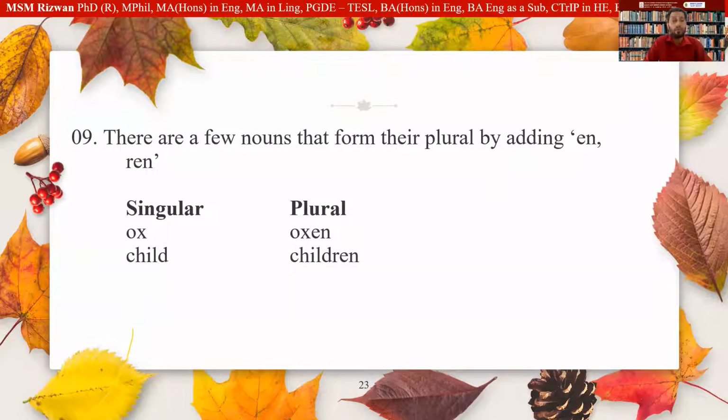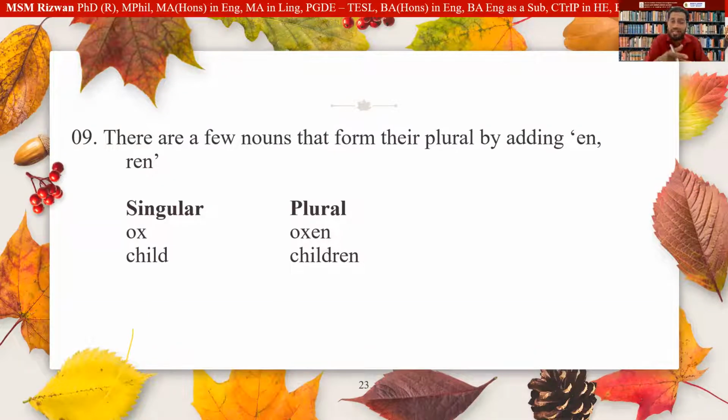And finally, we are moving to the last one. This type of formation is very, very rare. By changing a singular into plural by adding the letters EN or REN, that's very, very rare. Singular is ox, plural is oxen.